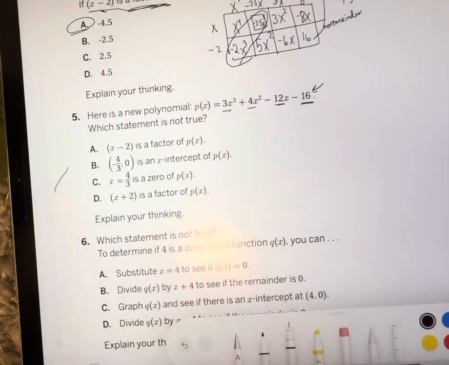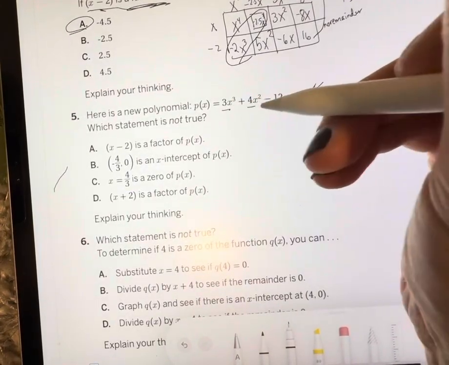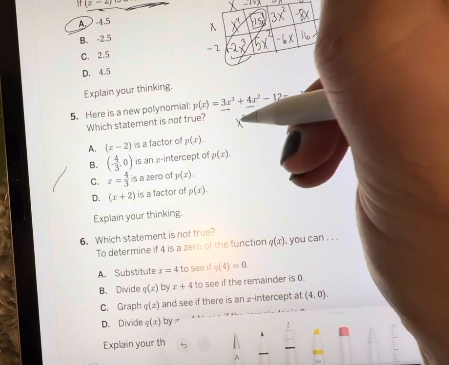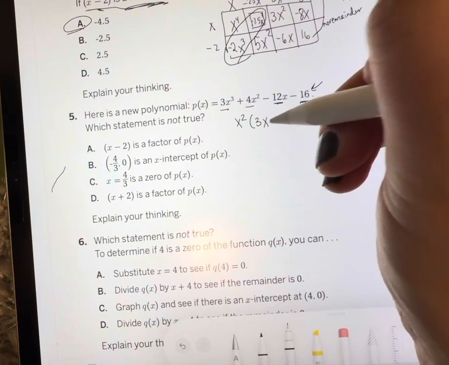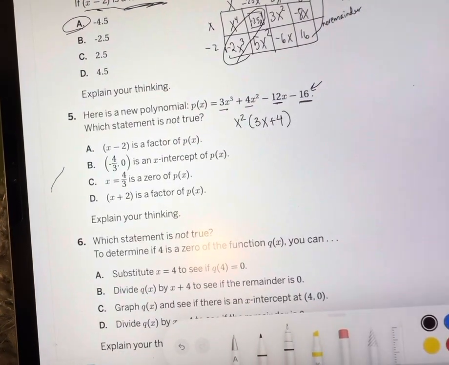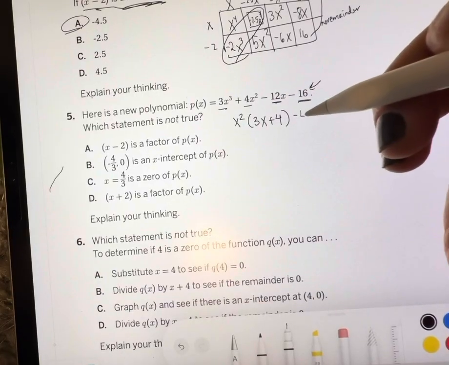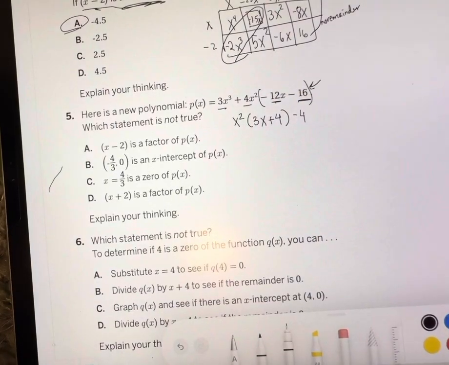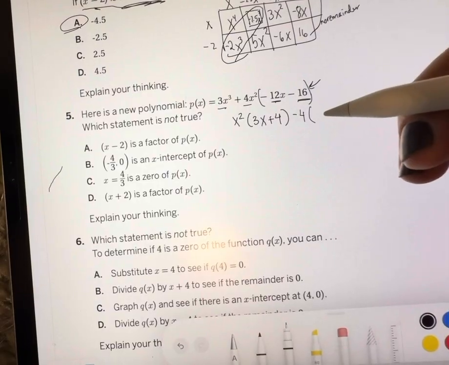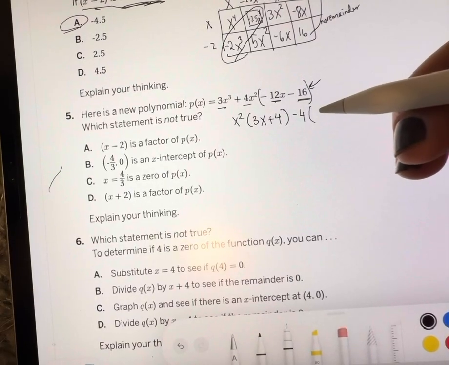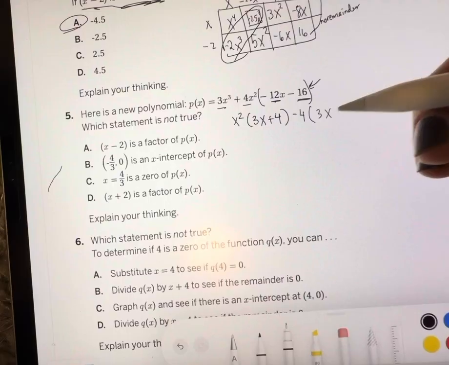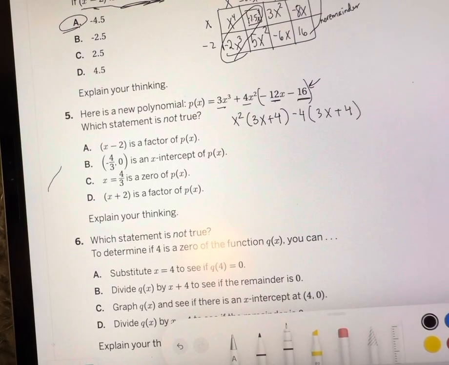But let me show you. If you come over here and you take the x squared out of these two terms, you're left with 3x plus 4. And then if you take out a negative 4 out of these two terms, you will be left with 3x plus 4. All right?